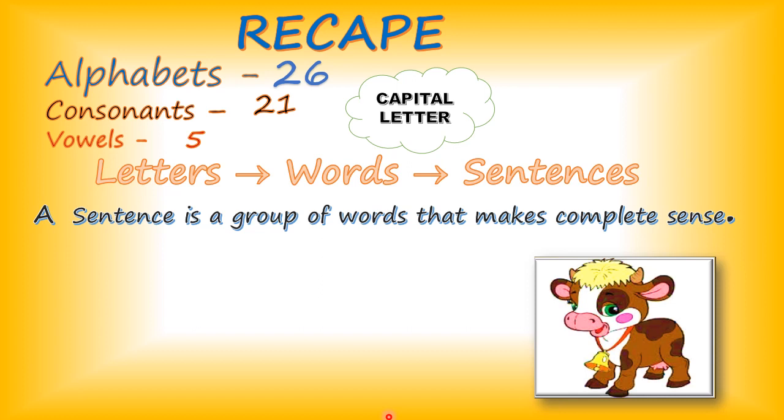And the last one, a sentence always ends with the correct punctuation mark. That is full stop or question mark or exclamation mark. And we use these different sentences for expressing our different emotions and feelings.